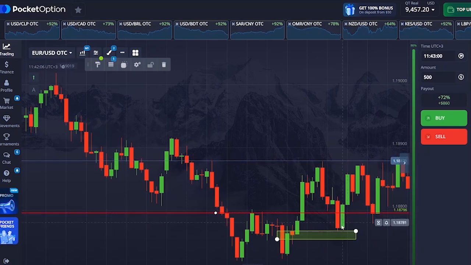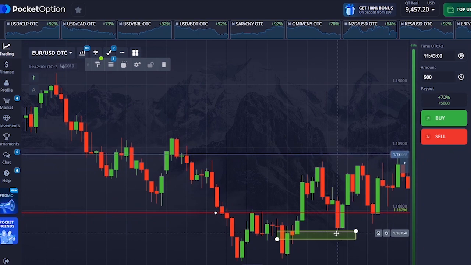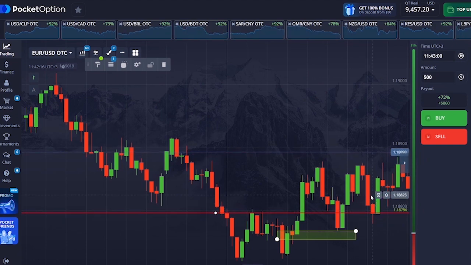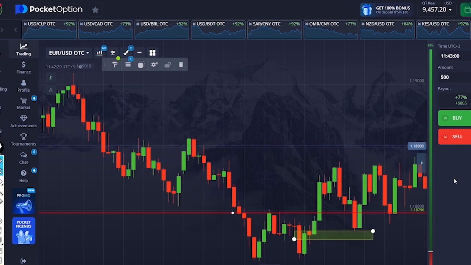In this case, we'll take a trade for 1 minute, and as you can see, if we could have taken a trade right here, we'll have closed somewhere right here, and we will have won the trade. So if you're using this strategy, make sure that the timer is on flag mode and you set it to 1 minute. So with that, let me show you some live examples.